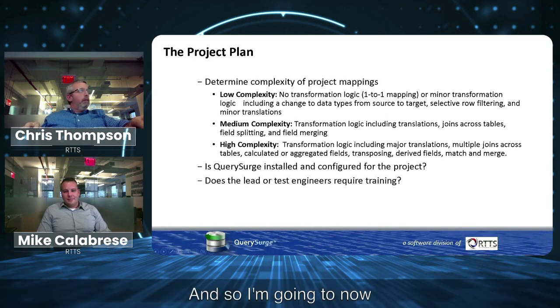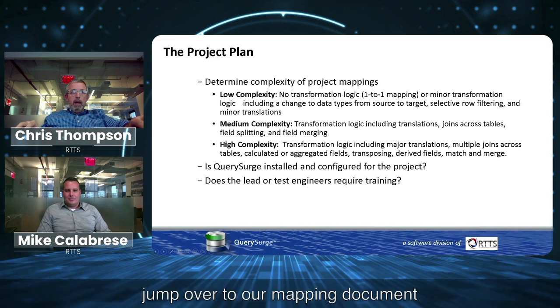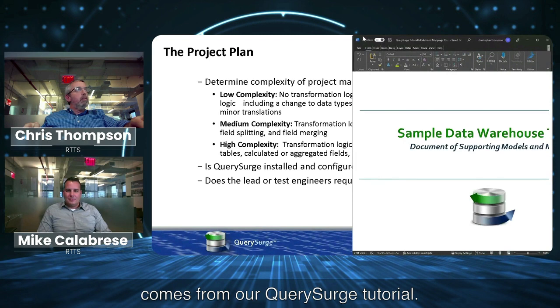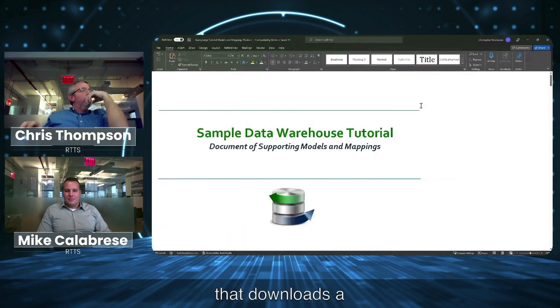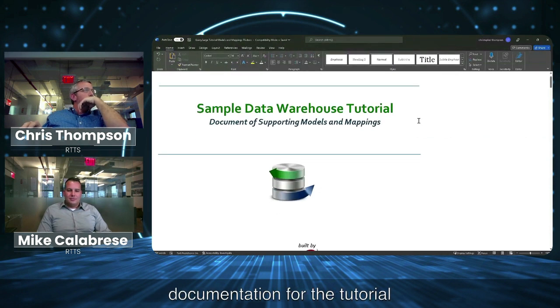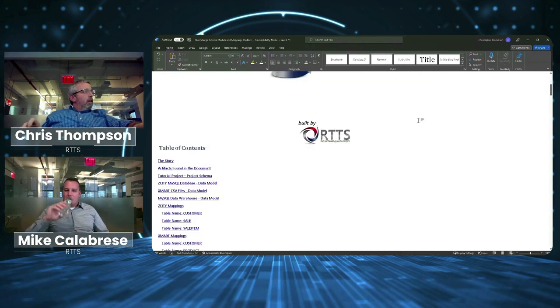All right, so I'm going to now jump over to our mapping document for today, which comes from our QuerySurge tutorial. This is available for anybody that downloads a QuerySurge trial. They will get the documentation for the tutorial as well as this mapping document.